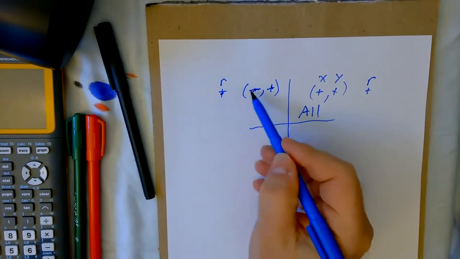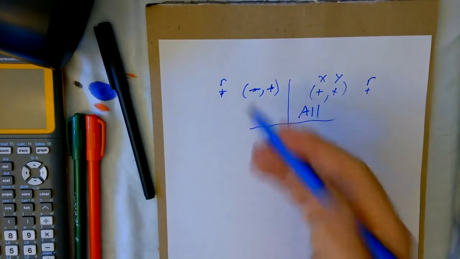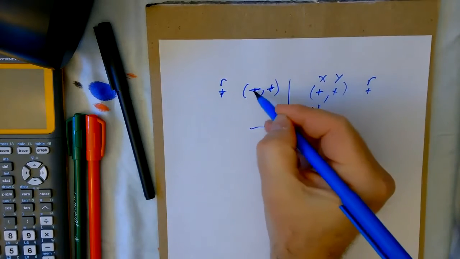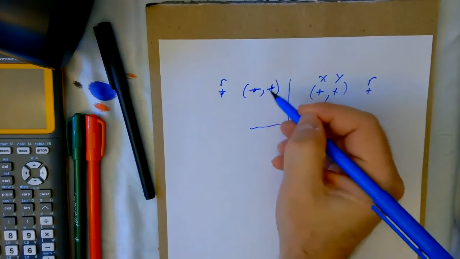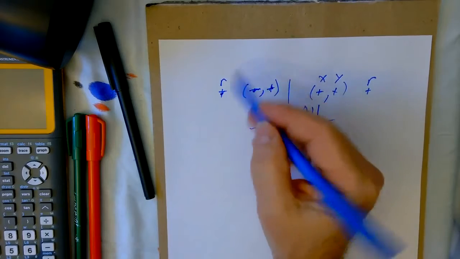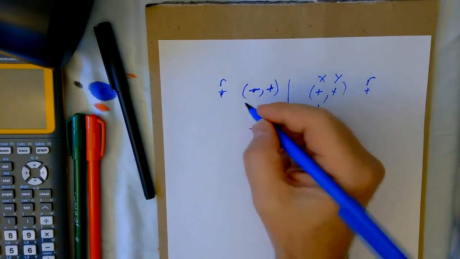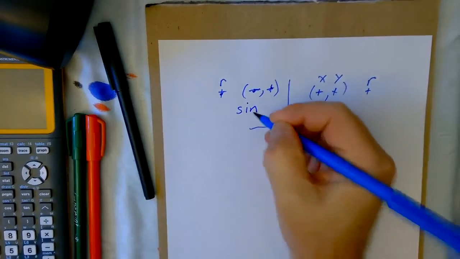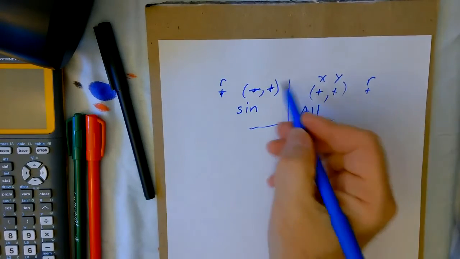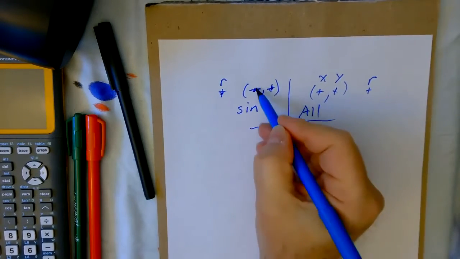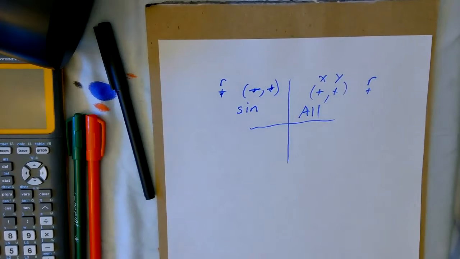Negative divided by positive is going to be negative. When I do tangent, y over x, positive over negative is going to be negative. So of the 3 primary functions, sine, cosine, and tangent, only sine is going to be positive here in the second quadrant because it's going to be y over r. Everybody else gets an x in there, so it's going to be a negative divided by a positive or a positive divided by a negative.